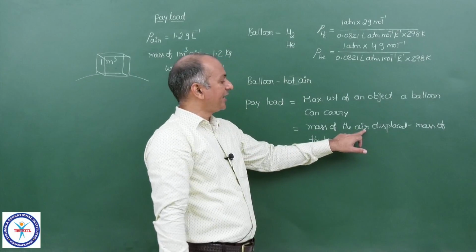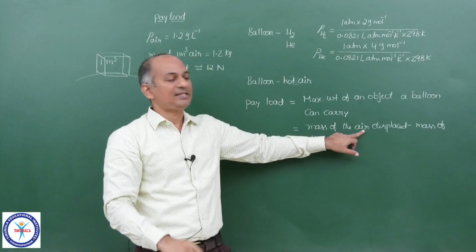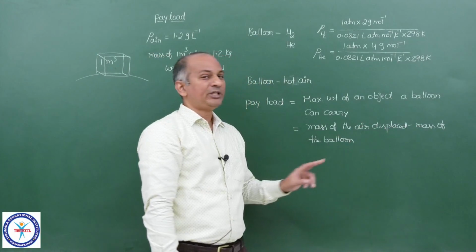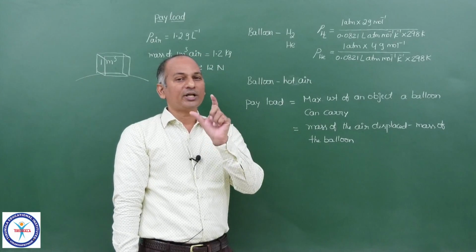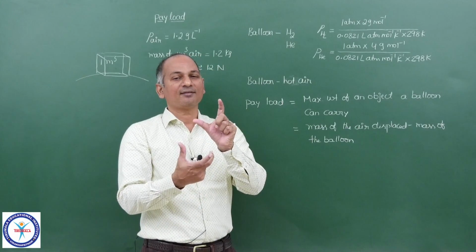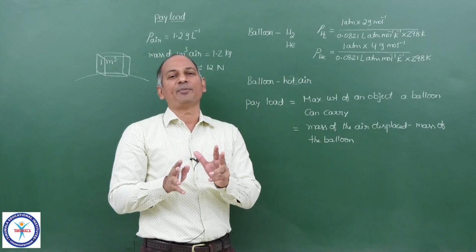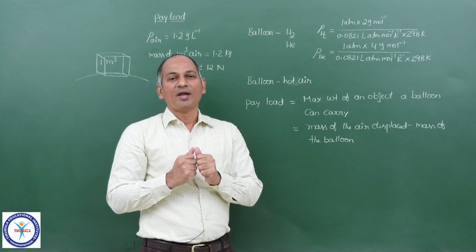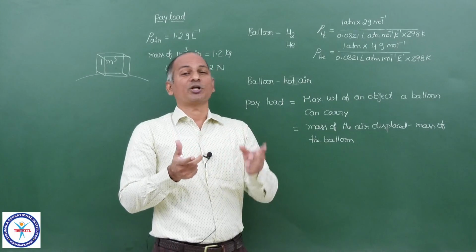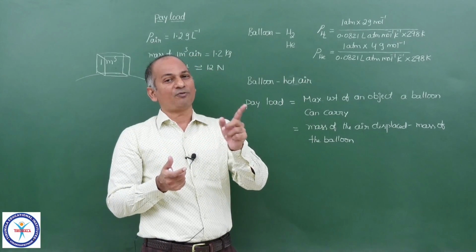Now suppose the mass of the air displaced is 10 kg, mass of the balloon is only 1 kg. Now to that balloon you add 1 kg weight, still the total weight is 2 kg. Yes, there is still lift provided by the atmospheric air. Now you attach 5 kg to that balloon, total weight is 6 kg because weight of the balloon is 1 kg.